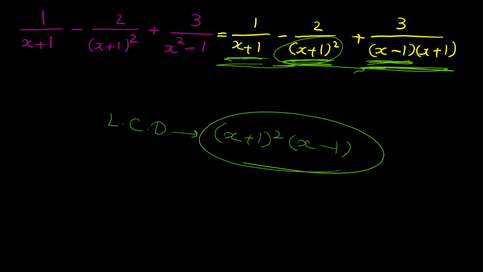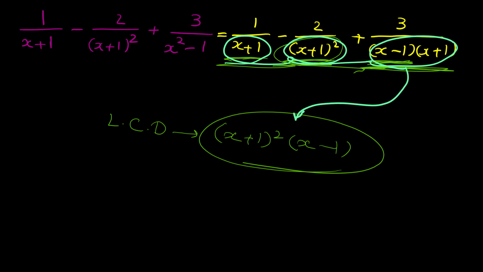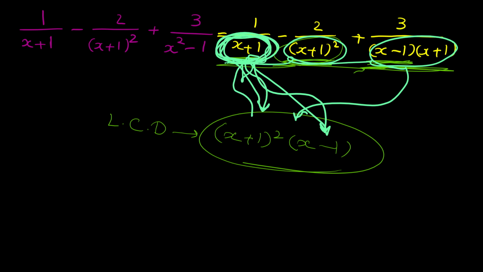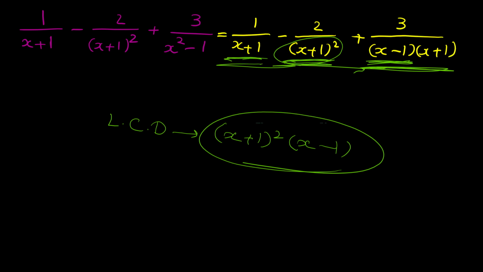Now we have to make each of these denominators like this. How can we make this denominator like this? We have to multiply this, of course, by x minus 1, and also we have to multiply this by 1 extra x plus 1, because we want to have x plus 1 to the 2. What about the other fraction?